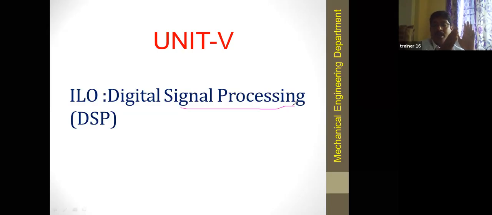Now in the data acquisition system, the processing is: one is signal conditioning, another one is ADC, and the third one is DAC. Signal conditioning we already discussed in unit 2, and ADC and DAC we discussed last class.